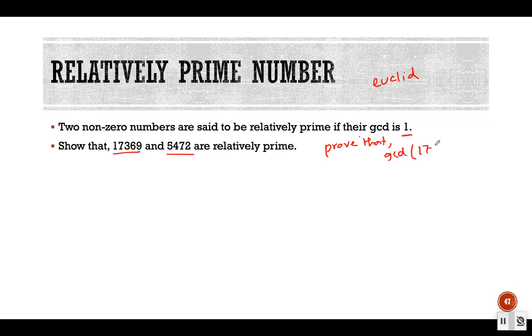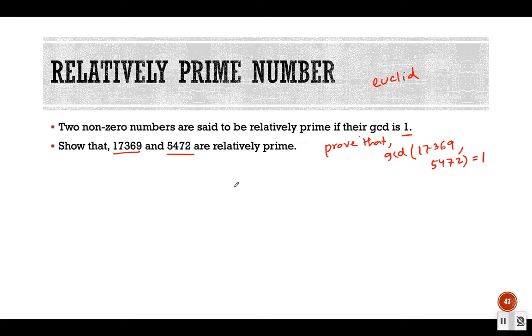Mostly what we are going to do is prove that GCD of 17369 and 5472 equals 1. If we can prove that the GCD of these two numbers is 1, then these two numbers are said to be relatively prime. I'll come back to this example, and if you are interested, you can give it a try.